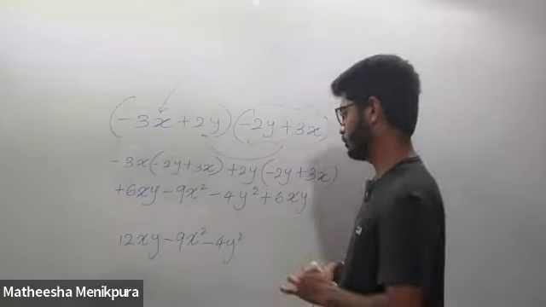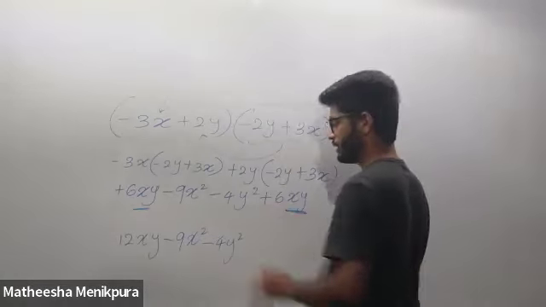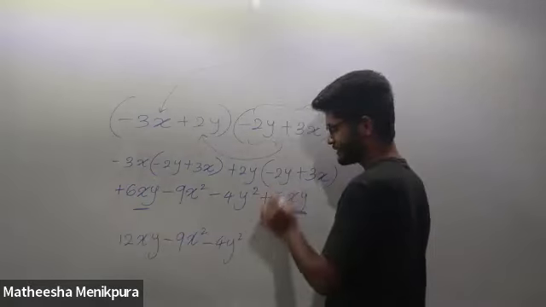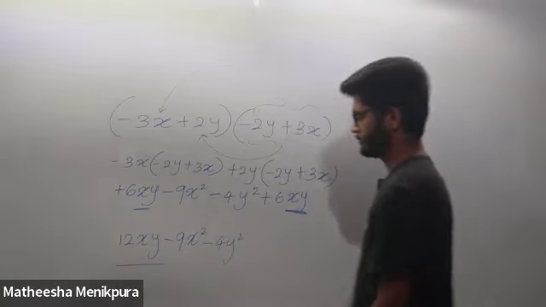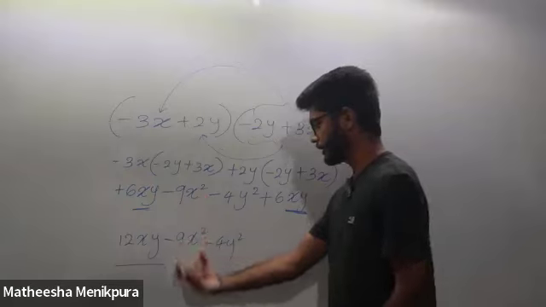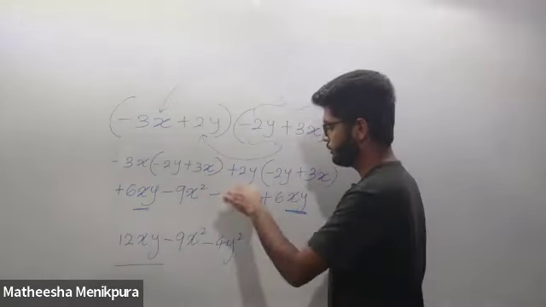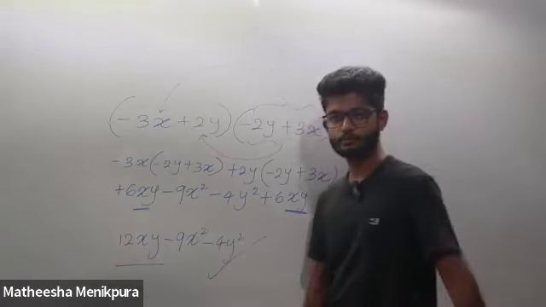Now all the brackets are removed. Here we have an xy term, and here also an xy term. So 6xy plus 6xy, that is 12xy. Minus 9x squared, and minus 4y squared.